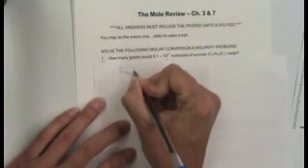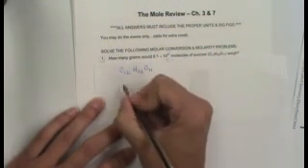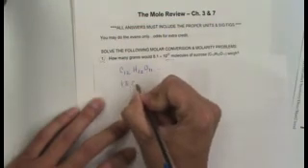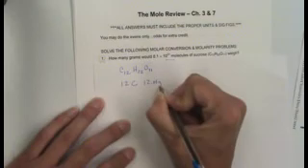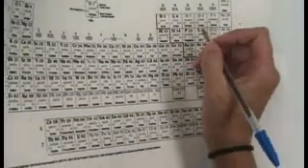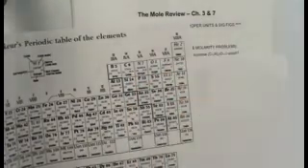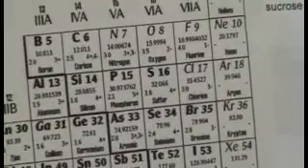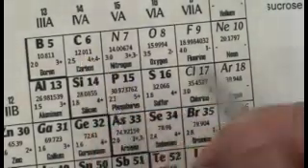C12H22O11. I've got 12 carbons. Each carbon has a mass of 12.01 grams per mole. Okay, I know that because if I look over here on my periodic table, I see that this has 12.01 grams per mole.